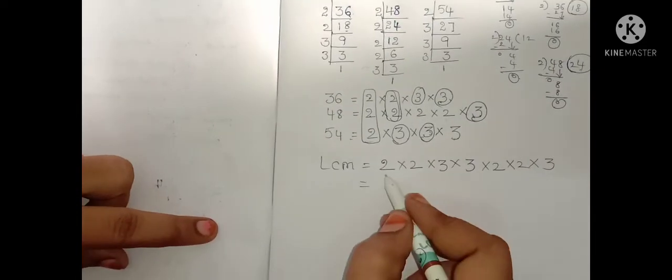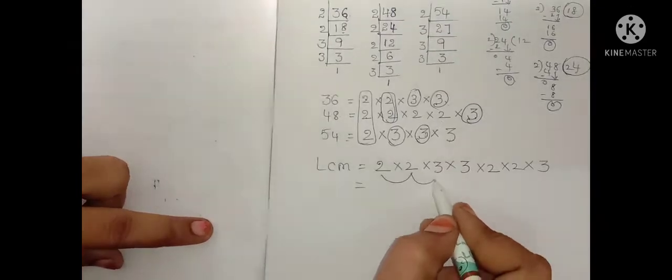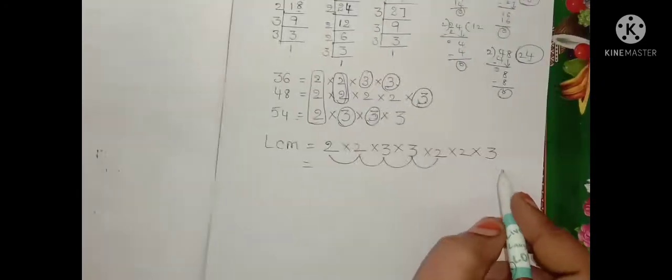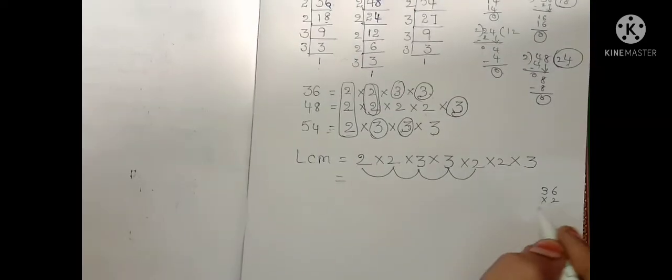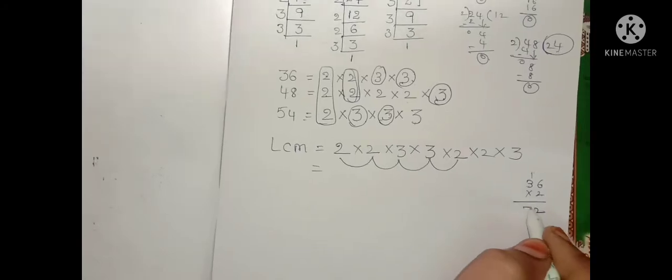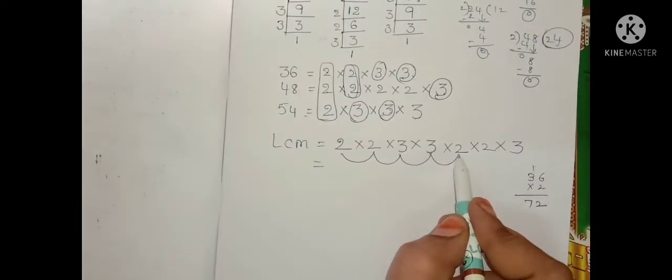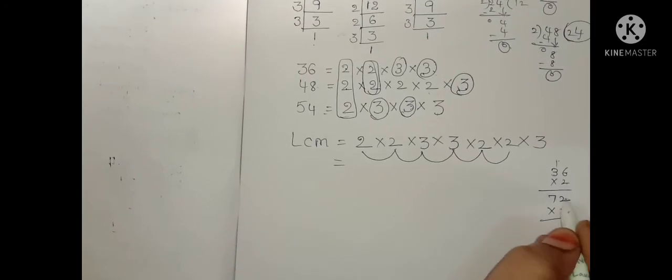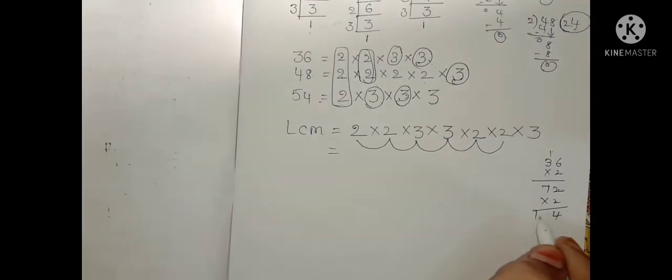Now we should multiply. 2 2s 4, 4 3s 12, 12 3s 36. 36 2s, I don't know, that's why I am doing multiplication. 2 6s 12, 2 3s 6 plus 1 is 7, so 72. Up to here 72 came. Now 72 times 2: 2 2s 4, 2 7s 14.